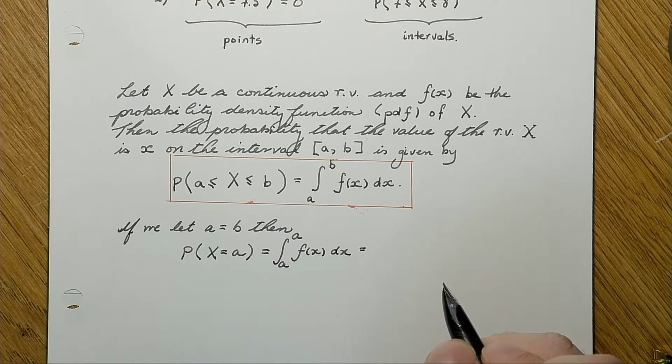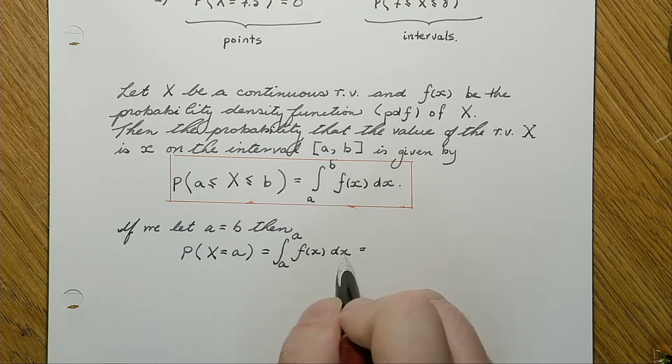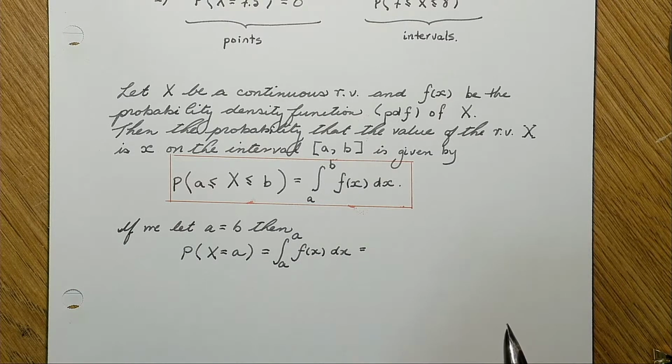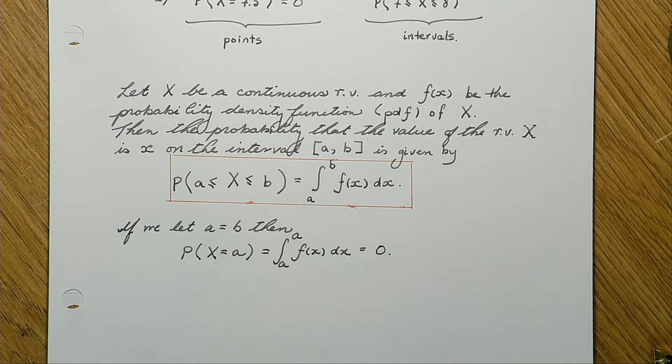And everyone in the chat, what's the value when I integrate a function from a to a? Regardless of what that value of a is. Good. Yes, it's equal to 0. So again, that's why we have that second condition.